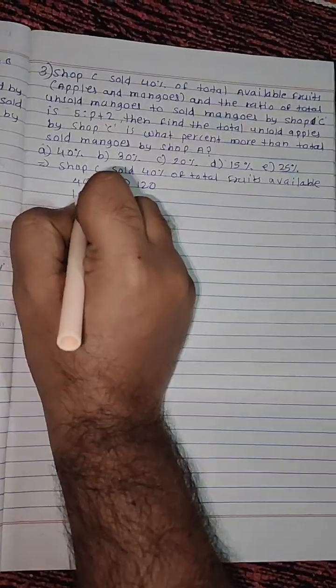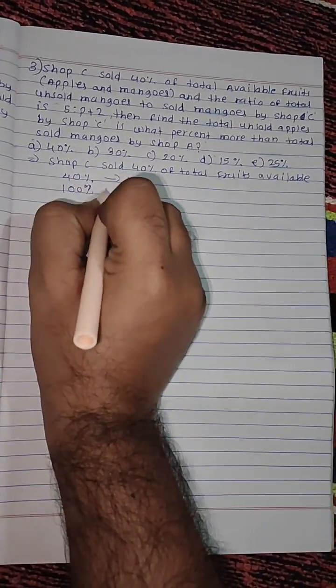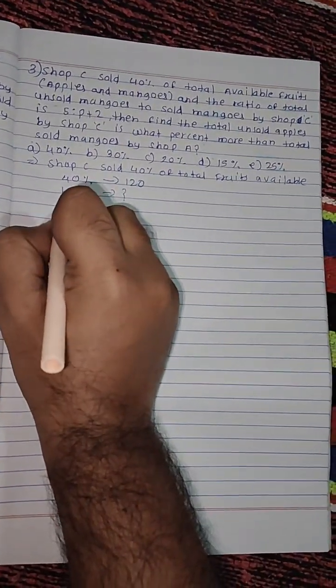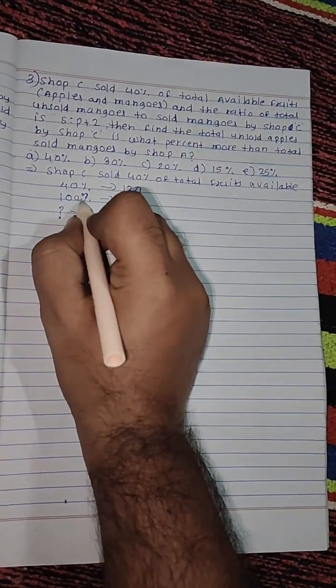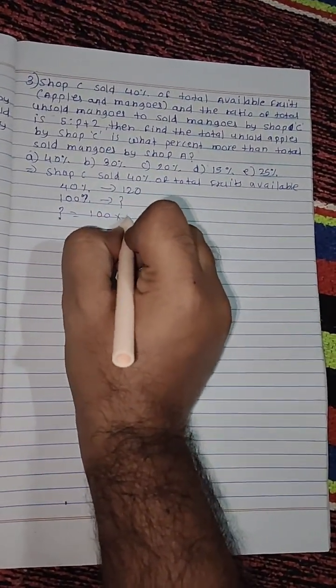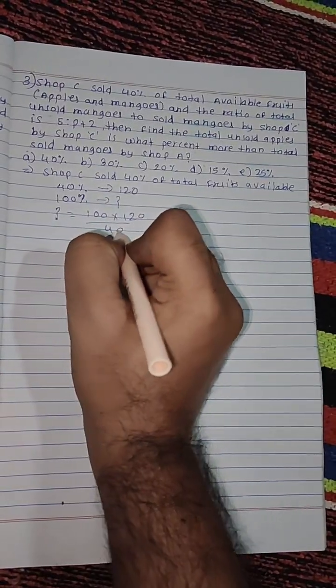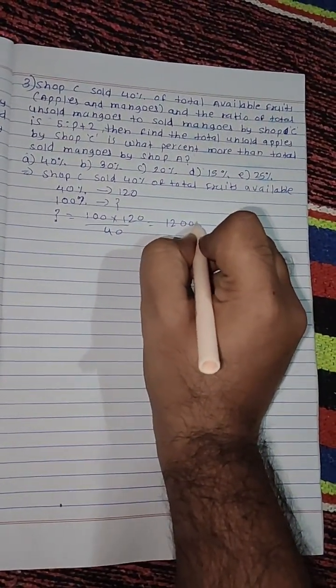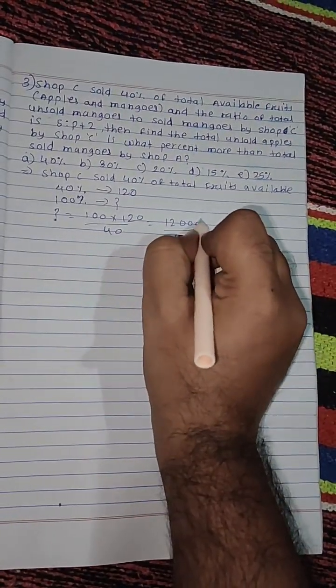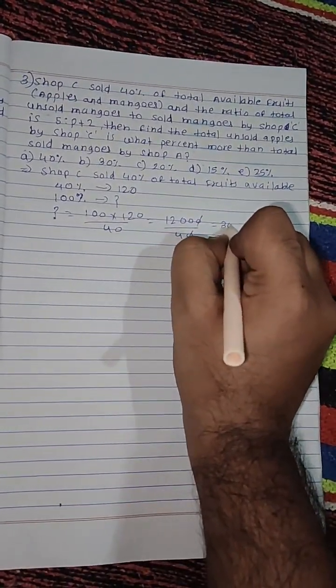So 100% means how much it will be? So we can find 100% by taking 100 into 120 divided by 40. So it will be 12000 divided by 40, so it will be 300.